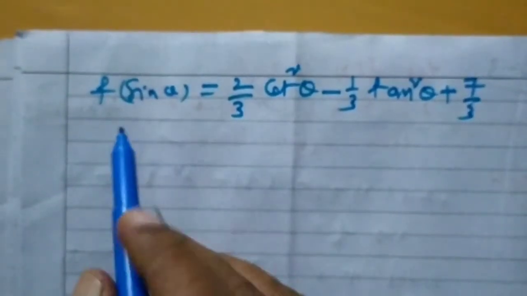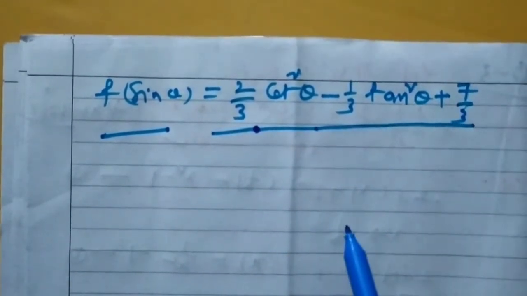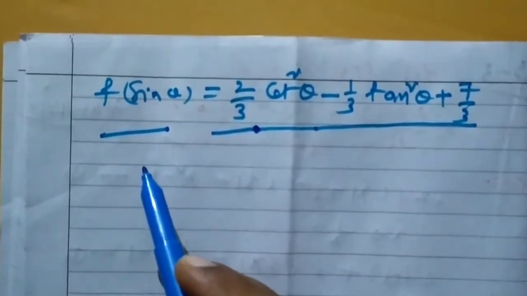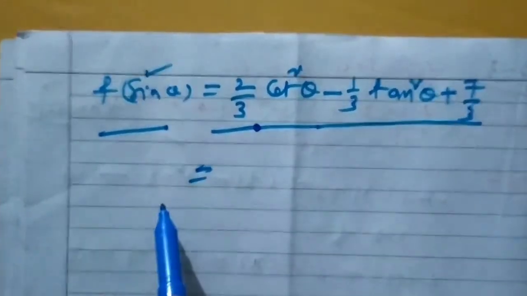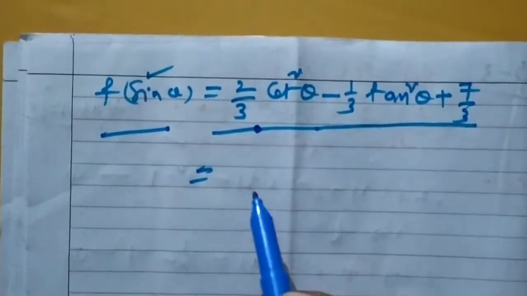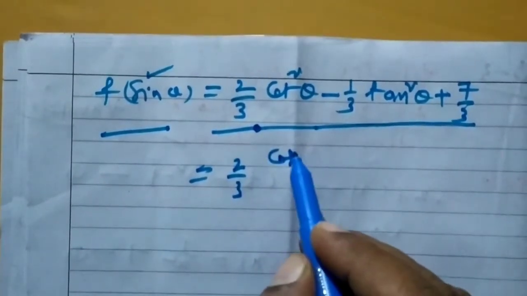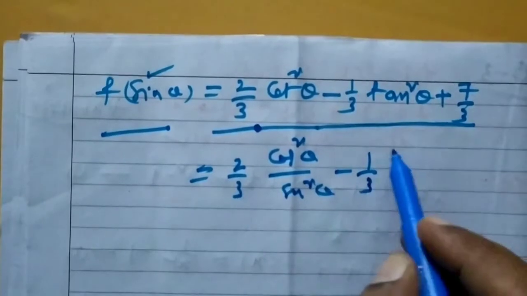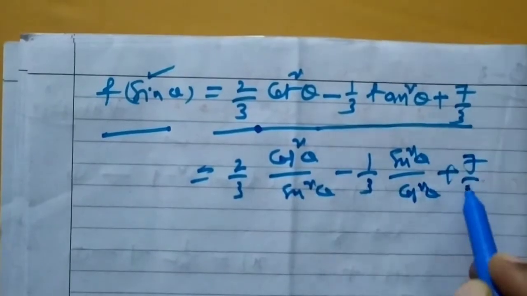So we are getting the equation f of sin theta is equal to 2 by 3 cot square theta minus 1 by 3 tan square theta, but we need f of x. So we can change the entire expression into a single variable, sin theta or cos theta. As the argument is in sin theta, every term should be changed into sin terms. So 2 by 3 times cot square theta can be written as cos square theta by sin square theta, minus 1 by 3 times sin square theta by cos square theta, plus 7 by 3.